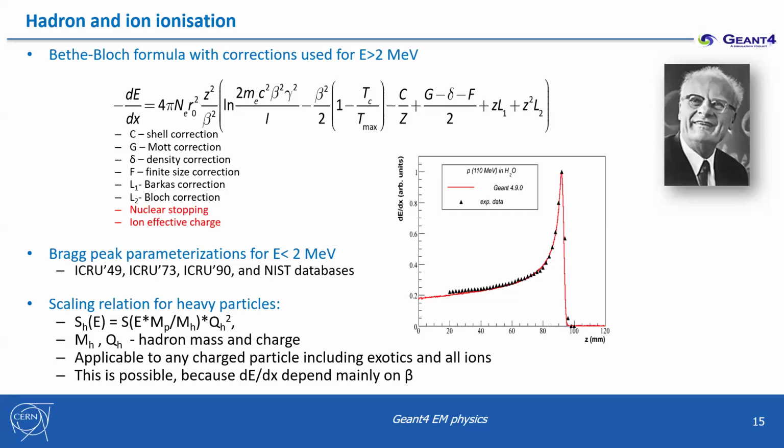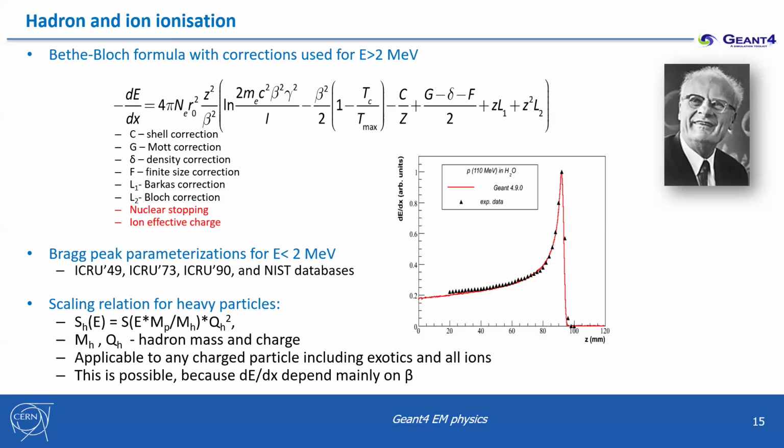For heavier particles, the Bethe-Bloch formula is used. We use the Bethe-Bloch formula with a number of corrections. C is the shell correction. Delta is the density effect correction.